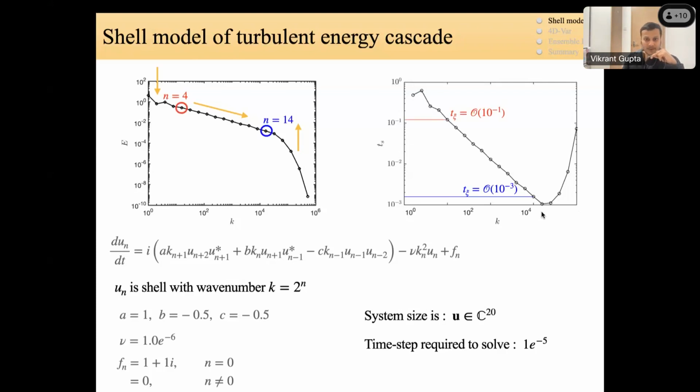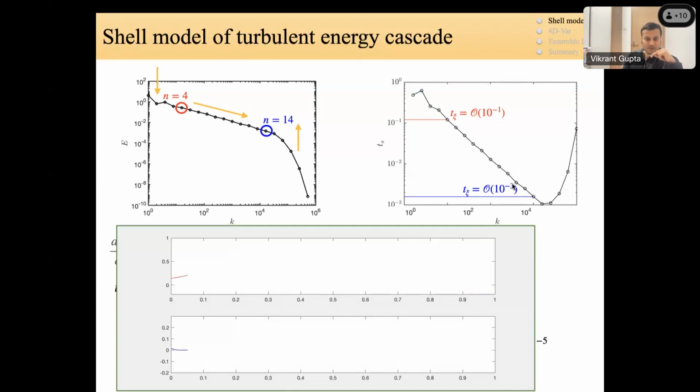Now to have some appreciation of what it means, let's look at these 2 shells, one at the beginning of the inertial range, shell number 4, and one at the end of the inertial range, shell number 14. So these two have a separation of time scale of 2 orders of magnitude. Now I'll just play a movie of their time evolution.